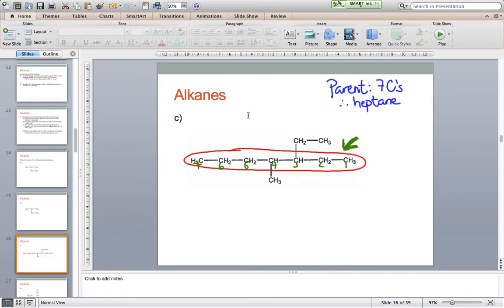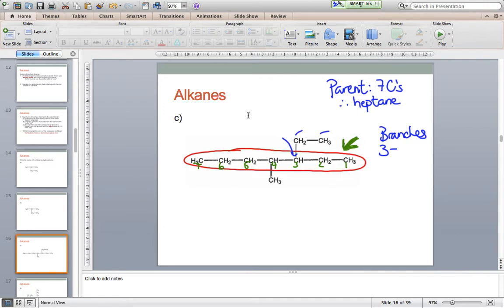And the reason we do that is so that we can identify our branches. So taking a look. The first branch that I run across is this branch here off the 3rd carbon in the parent chain. So that's going to be a 3. There are 2 carbons in this branch, 1 and 2.